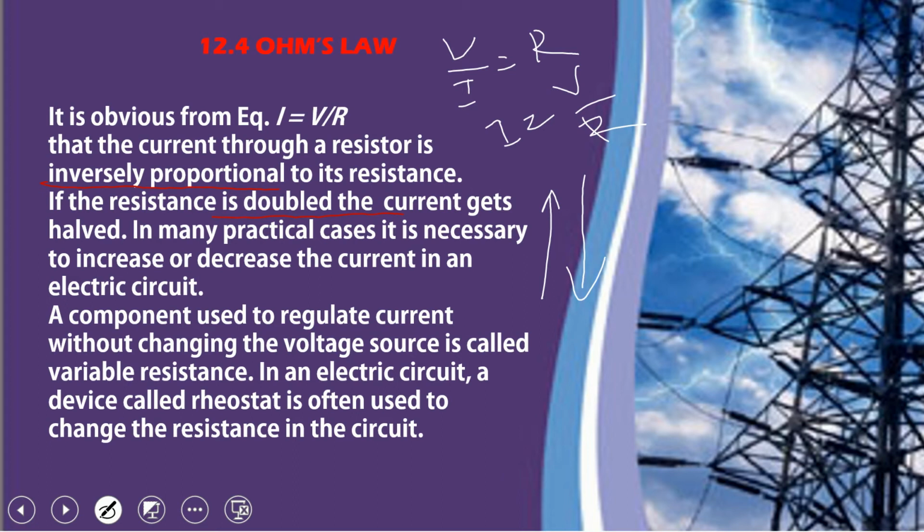The component used to regulate the current without changing the voltage source is called the variable resistance. That is very important. Can you give an example of this in day-to-day life?